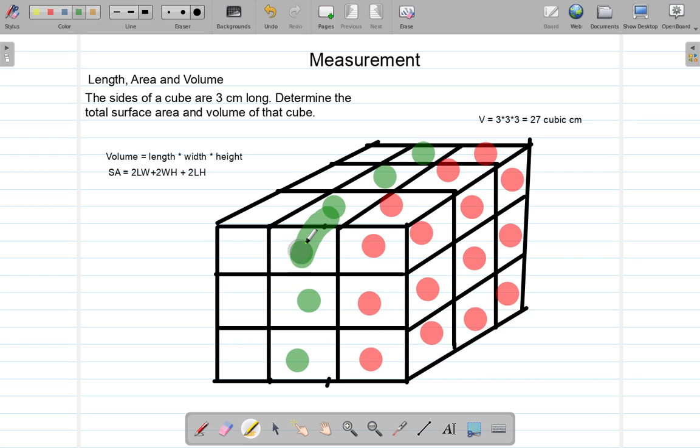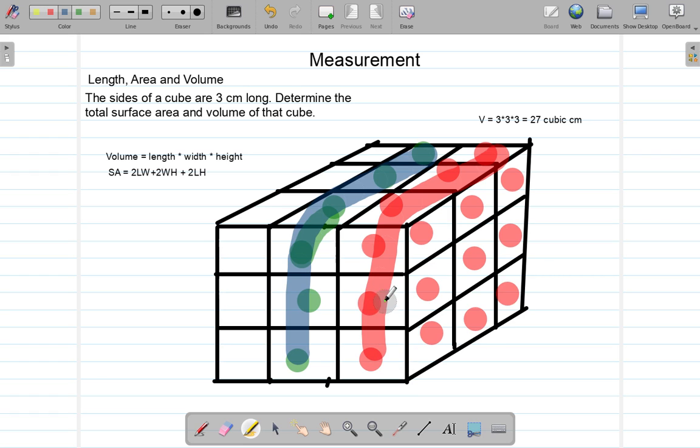So we have 9 cubes in the middle, 9 cubes on the right. So we have covered all these 9s to the right. Then we cover these 9s in the middle.